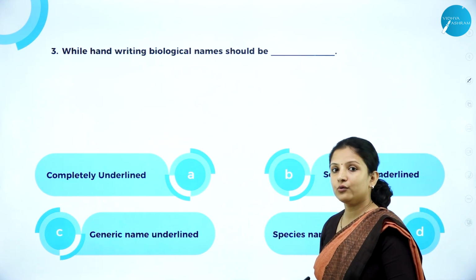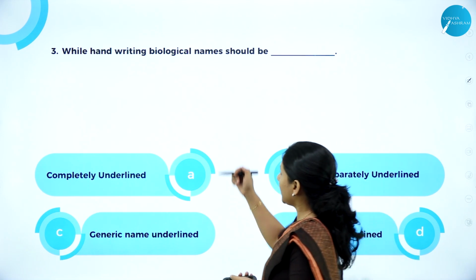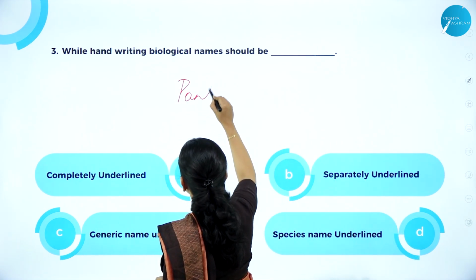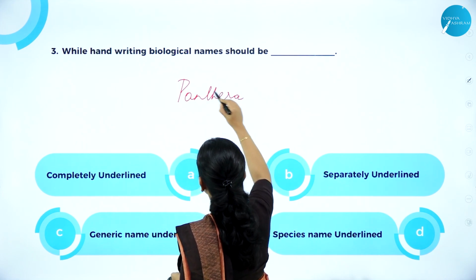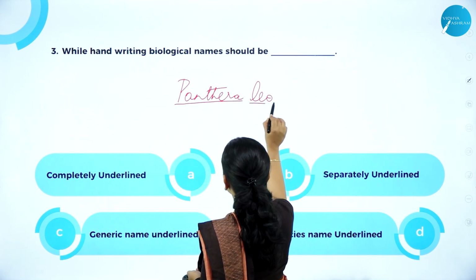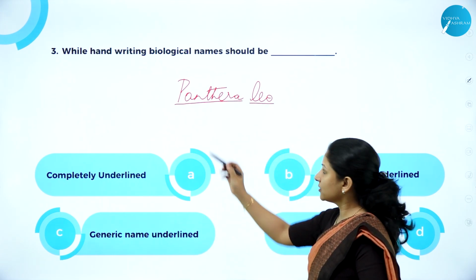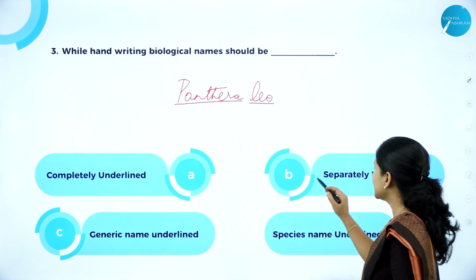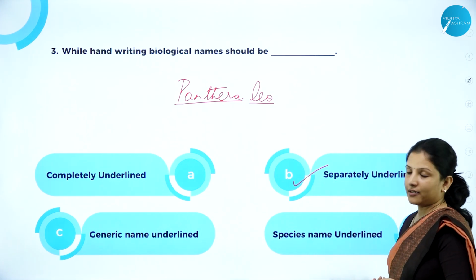Here I told you, while writing a binomial name, for example, we have Panthera leo. I told you while writing it, we have to underline both the genus and the specific epithet, but it should be underlined separately. So the right answer here is separately underlined.